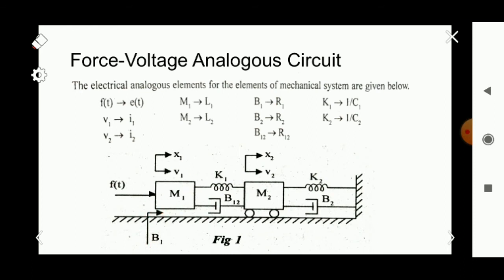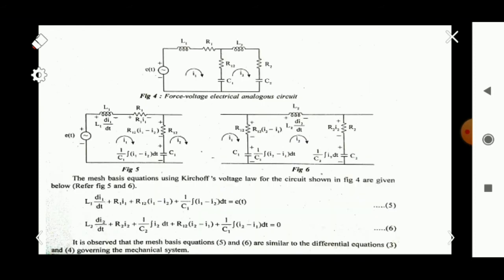Instead of m1 we draw an inductor L1, and k1 and b12 are common for these two nodes. The element corresponding to k1 is 1 by c1, that is a capacitor, and for b12 it is a resistor. So capacitor c1 and resistor r12 are common for the two closed loops.